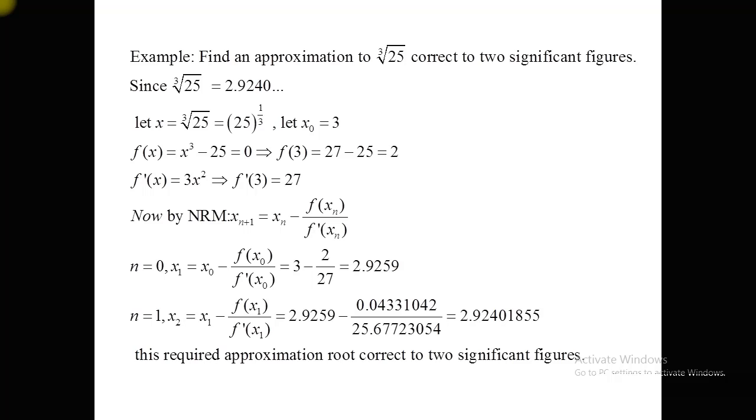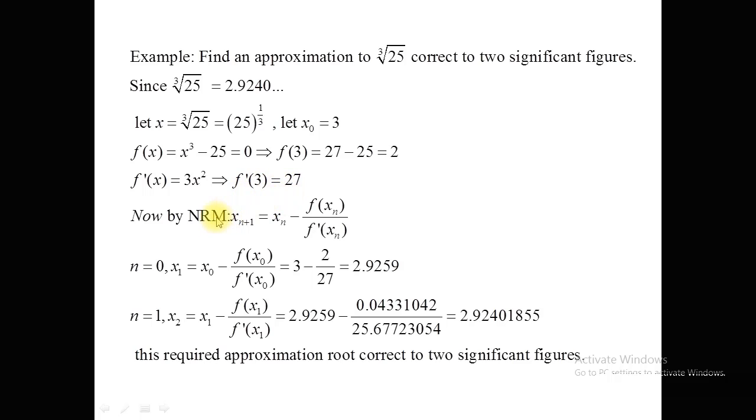In this equation we have x cube minus 25 is equal to 0. So if x naught is equal to 3, then we get the function value as 2, which is almost equal to 0. So using this x naught, the function value is 2 at x is equal to 3, and taking the derivative of the function using the power rule, 3x square, and the derivative of 25 is 0, and then putting x is equal to 3 in this derivative, we get 27.